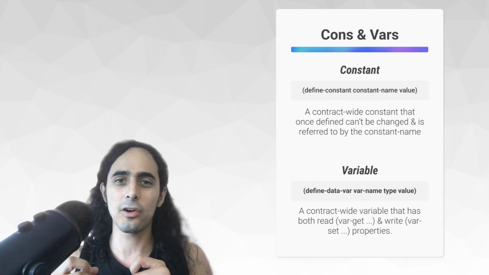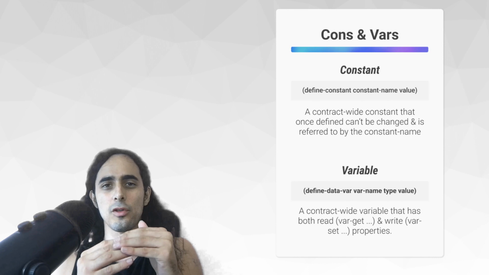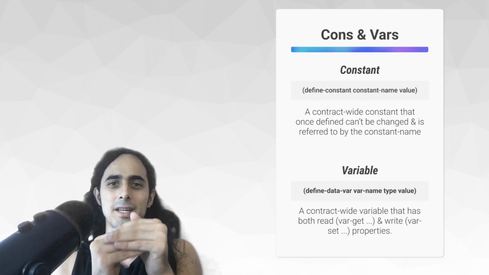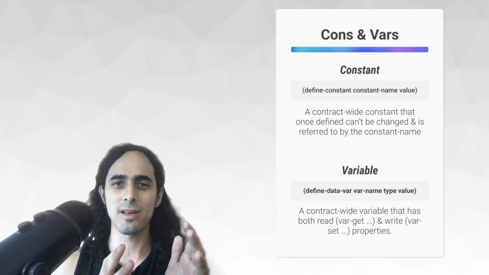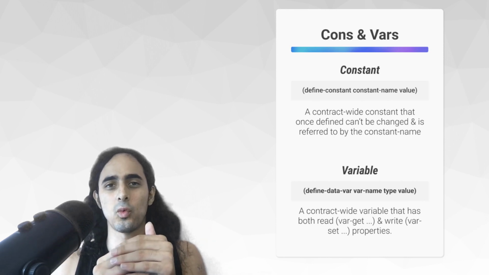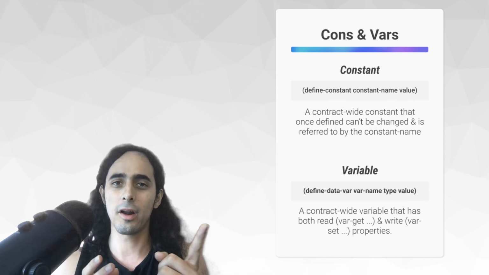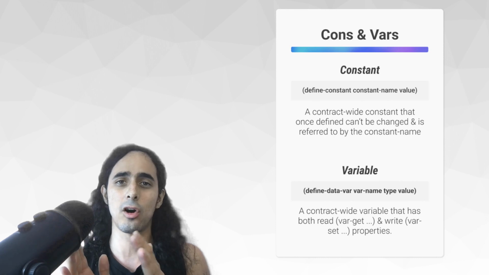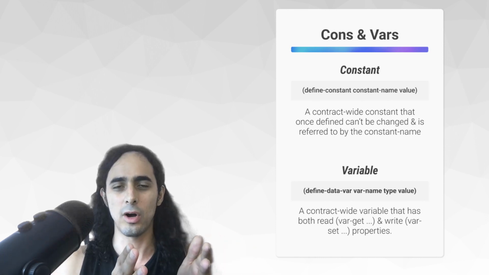In Clarity, there is a way of writing not just variables for specific functions, but variables that will maintain throughout the entire contract. There's like four different types of contract-wide ways of saving data. The two that we're going to review today are called constants. And as the name implies, constants are constant.